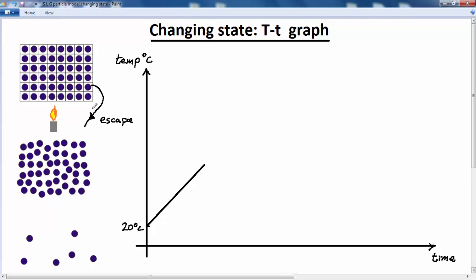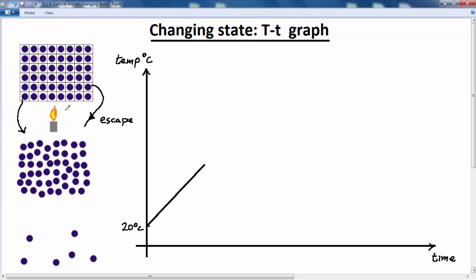And more of them will escape into the liquid state as they acquire enough energy to break through this solid lattice. Now, as soon as this starts to happen, the energy that was being used to increase the average kinetic energy of the solid is now being used to help these particles escape into the liquid state.